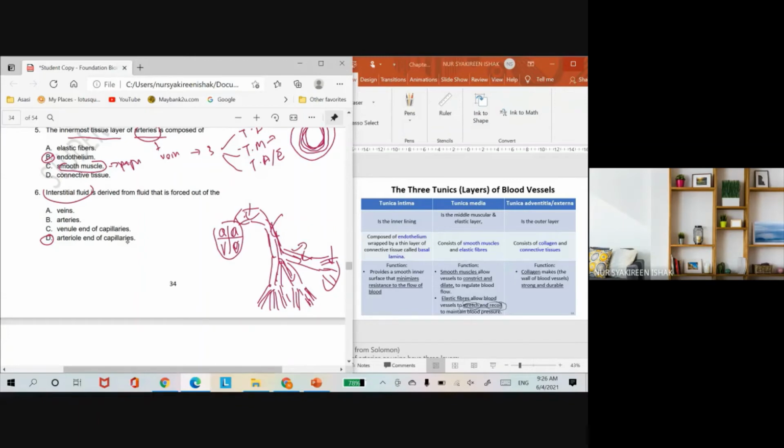So this causes fluid within the plasma, tadi saya cakap kan, 90% of your blood plasma is water and also other elements, to diffuse out of your blood capillaries at the arterial end. So this will become the interstitial fluid.